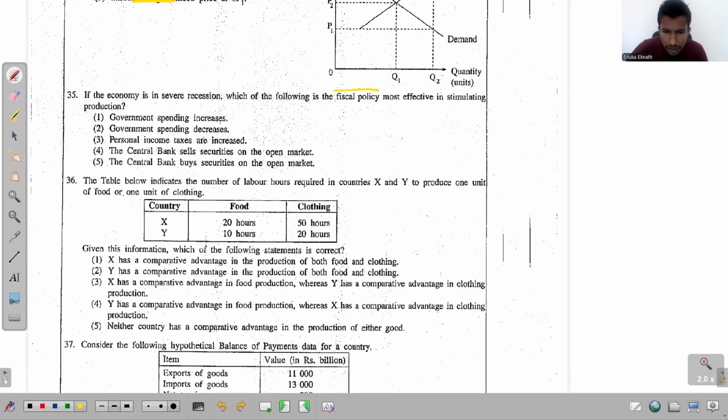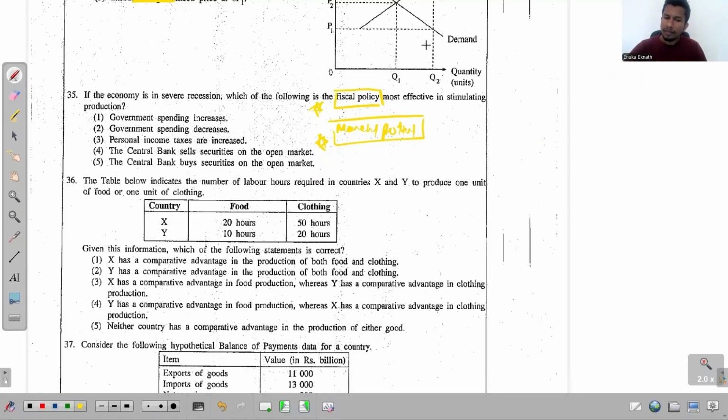On one side we have the fiscal policy and on the other side we have the monetary policy, right? So these are the two policies that we have in the syllabus mainly. Let me show you the meaning of fiscal policy and the meaning of monetary policy. Right, look at this one.